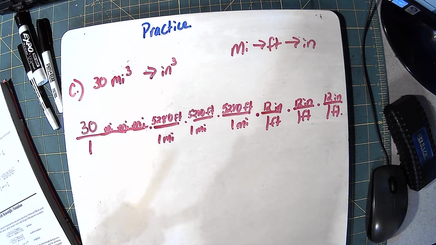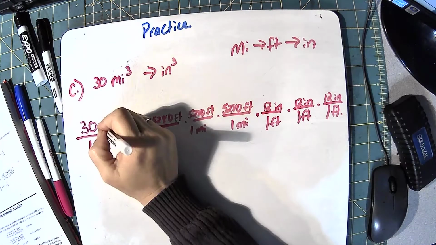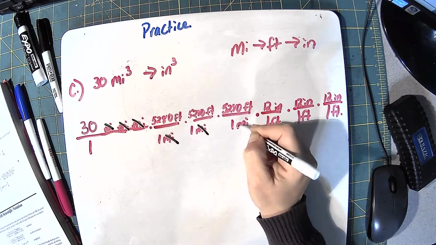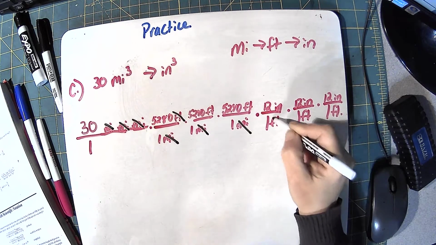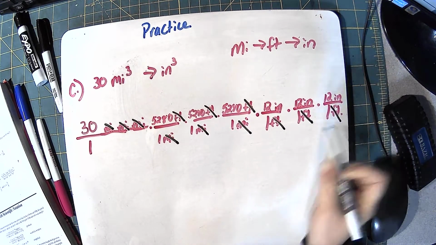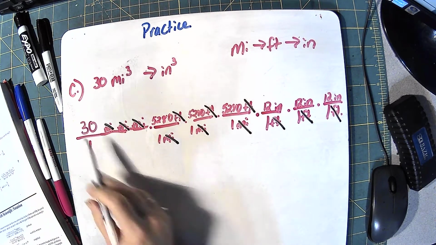Okay, so now I'm going to do my canceling. Miles, miles. Now I have feet, feet, feet, feet, feet, feet, and then I'm left with cubic inches. Alright, so now I just copy everything down, all my numbers.